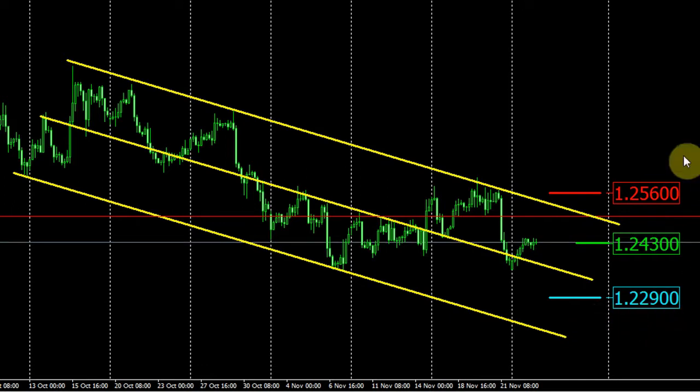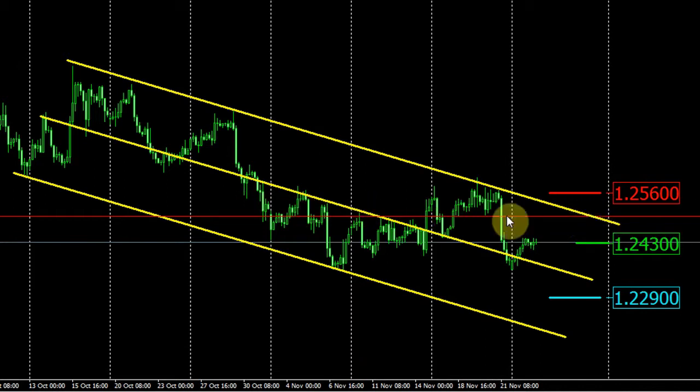So as you can see here, I've set the stop loss just above the top yellow line, meaning the top channel border, and that's because there's a good chance that the price will bounce off, and we'll give it some extra leeway just in case it does cross the border a little bit, so we're on the safe side with our stop loss.